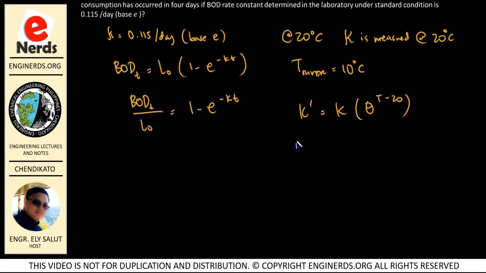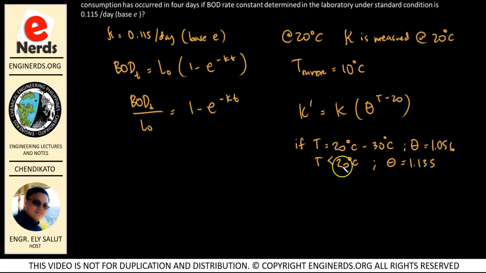So, sabi natin, if our temperature is equal to 20 degrees Celsius to 30 degrees Celsius, our theta is equal to 1.056. If our temperature is less than 20 degrees Celsius, then our theta is equal to 1.135. And kapag temperature naman natin is greater than 30 degrees Celsius, our theta is equal to 1.047.